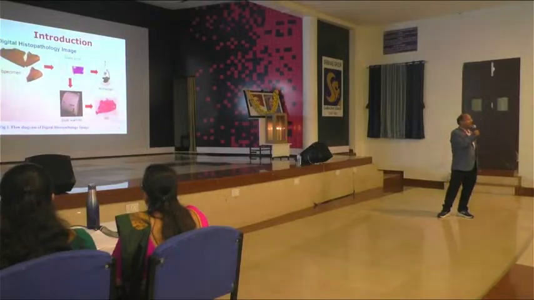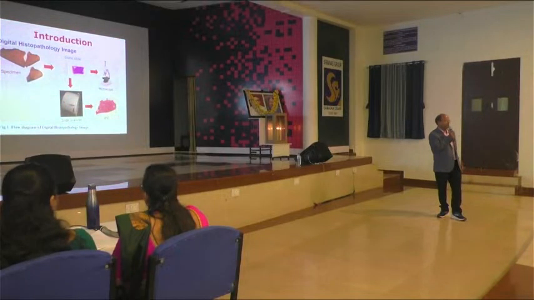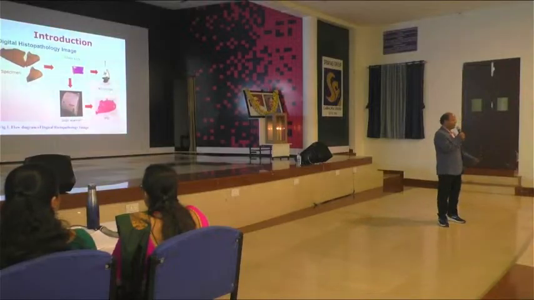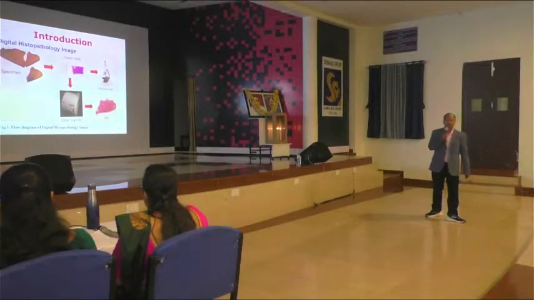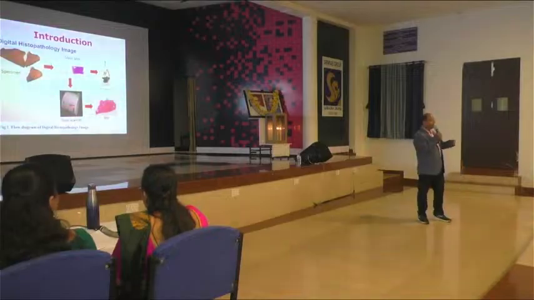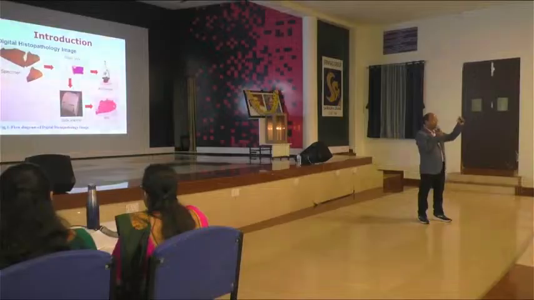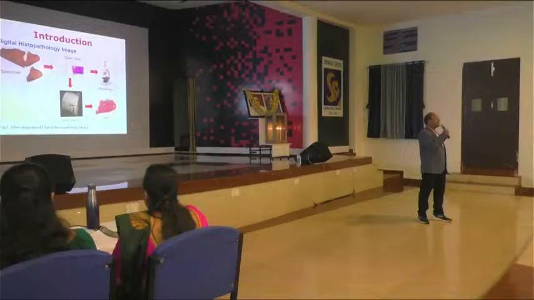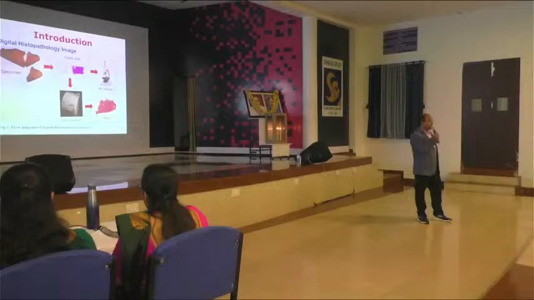There are various types of microscopes, Olympus, Nikon and so on, which help with different zoom levels. Zoom means magnifying the region of interest. Is there any change in the color, shape and size of the nuclei? That's how they identify.